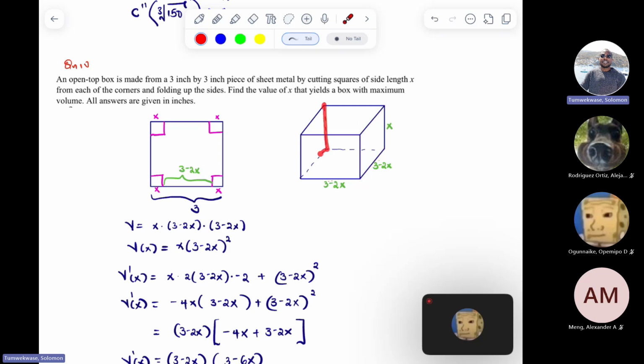If I sit it on this side, then it becomes my base, so you can cut the squares of length x from any of those sides. I don't know whether that answers your question. Okay, no problem. Thank you, sir. Okay.